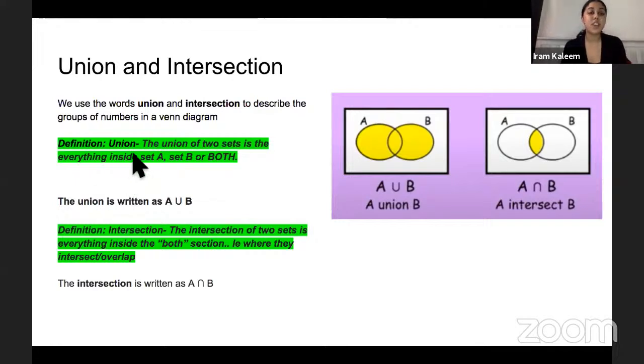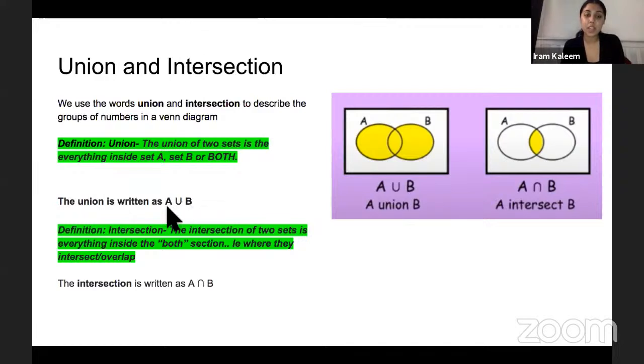So the union is the union of sets. Basically everything inside set A, inside set B, and inside both. If you look at the diagram here, we say that the union between A and B is everything that's shaded yellow, basically, everything that's in both. And we write this union as A union B, with the union being a capital U. So if you can write down the definition of the union and then write down this notation here.